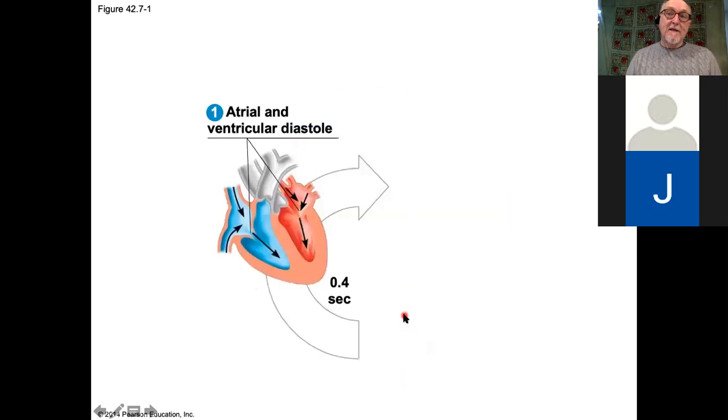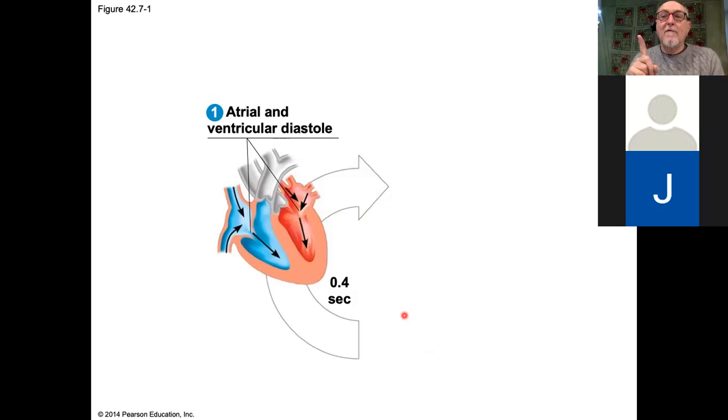All right, so now let's have a look at how, obviously, this pumping action is very important and has to be very carefully coordinated. We've got to pump blood from the right atrium to the right ventricle, and from the left atrium to the left ventricle, and then to the lungs and body.